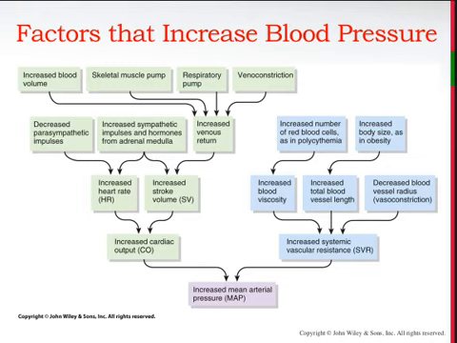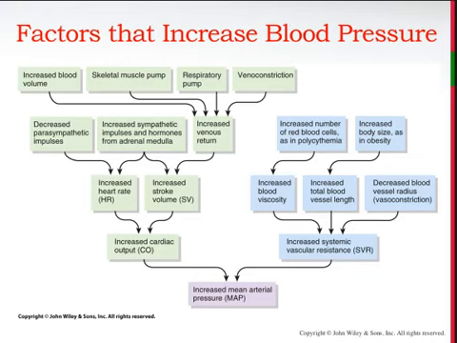We can have venoconstriction. All of those are going to increase venous return. Increased venous return means that I'm going to have more blood entering into that right atrium. And remember, we called that entering blood into the right atrium and that stretch that we talked about things like preload, right? So we're going to increase the venous return, which means I've got more blood coming back to the heart.